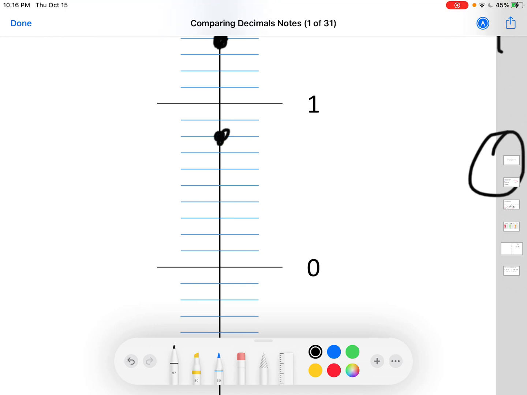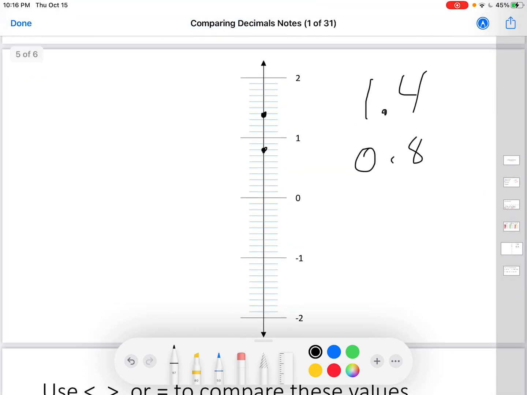That should be 0.8. So let's compare them. Which one is on top? 1.4 is, so 1.4 is greater than 0.8. If we look at the digits, we'll look at the ones place. 1 is bigger than 0, and I can ignore the rest.